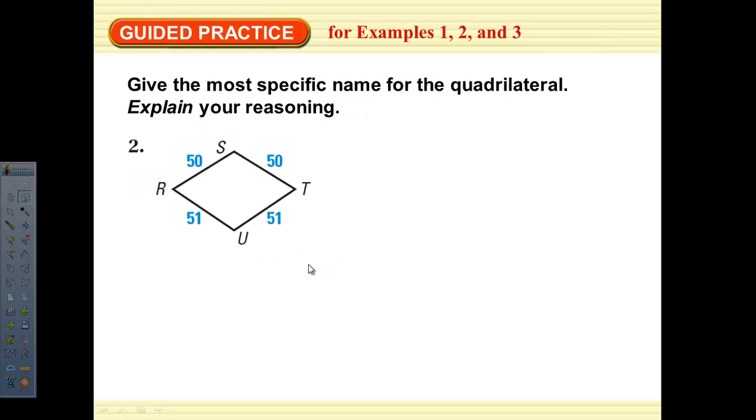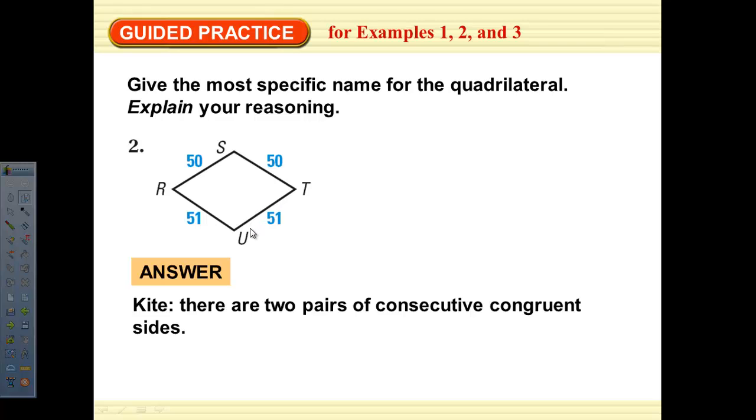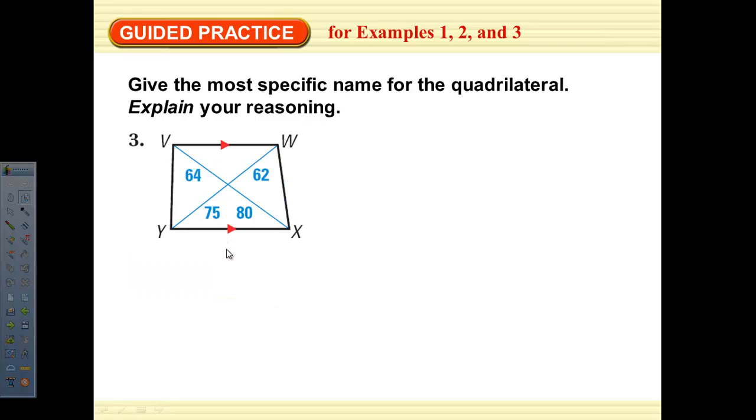Here's another one where, if we look at this carefully, opposite sides are not congruent, so it's not a parallelogram or anything below that, but we notice that consecutive sides are congruent. This makes it a kite. So our reason would be two pairs of consecutive congruent sides. That makes it a kite. Here's another one.